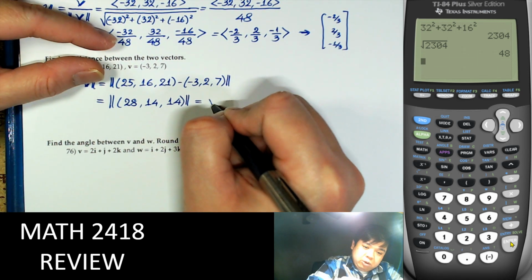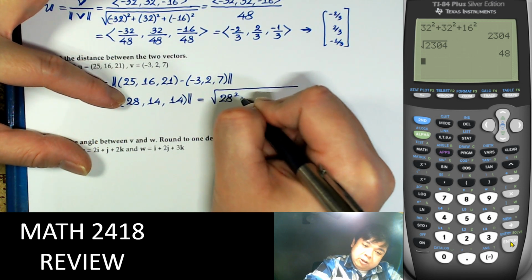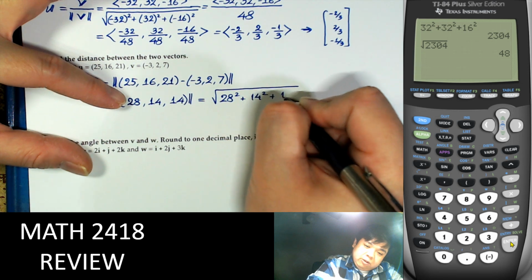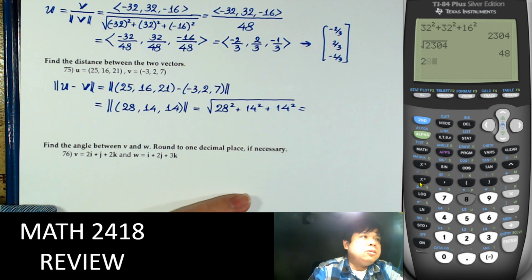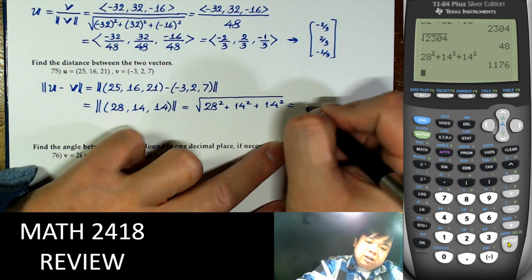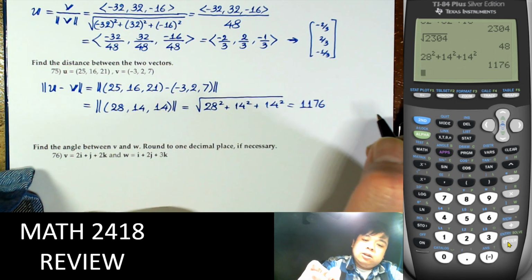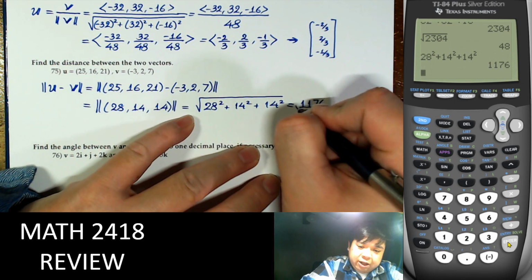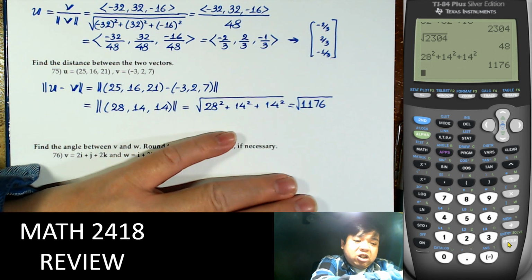And so pretty much we just have the square root of 28 squared plus 14 squared plus 14 squared, which is 1176. We have the square root of that. Right. We can just leave it like that.